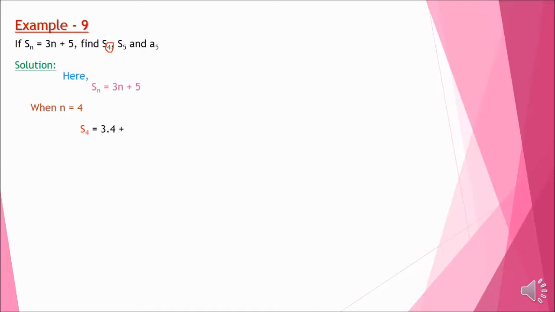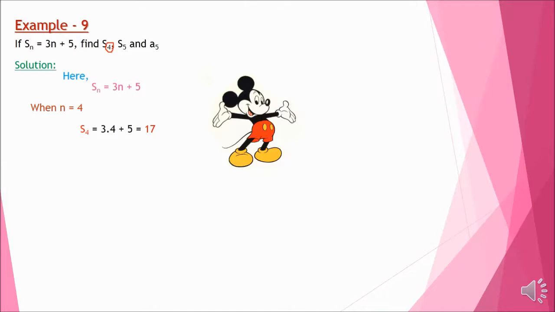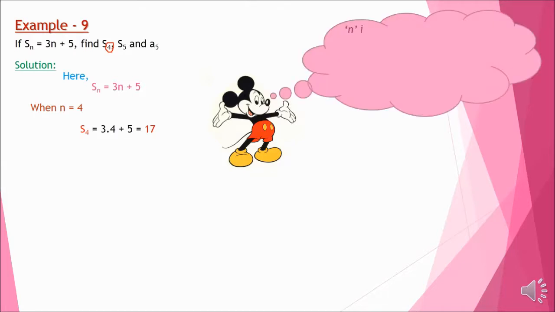Now let's see what Tom has to say. N is the input variable, and 4 is the input value. So 4 takes the position of n, or we can say 4 replaces n.